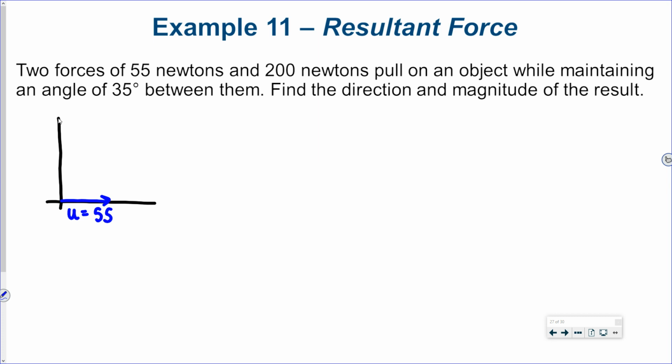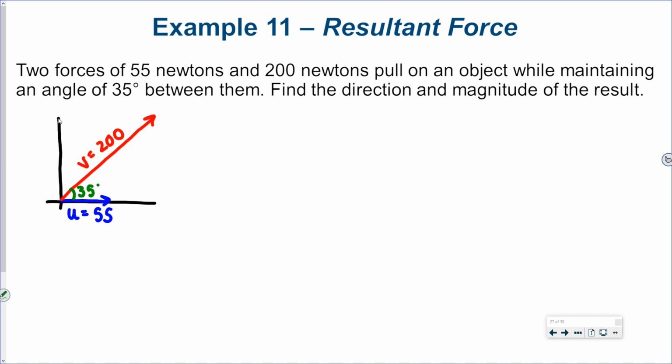You can define those however you decide, but a lot of the time you're given some type of velocity or force. And my other one is 200 newtons. I'm going to call this one V, which is 200, and there's an angle of 35 degrees between them.